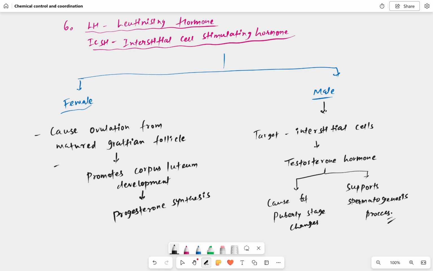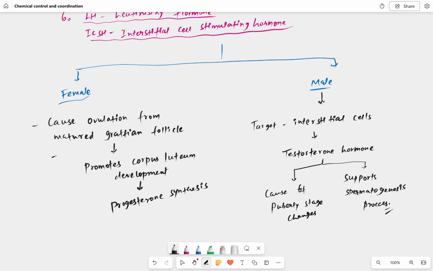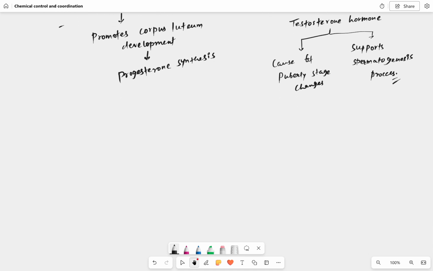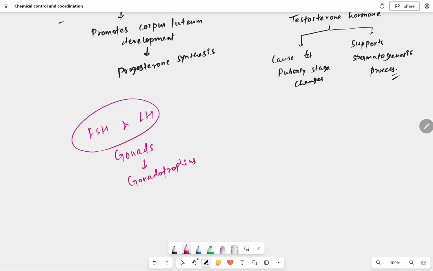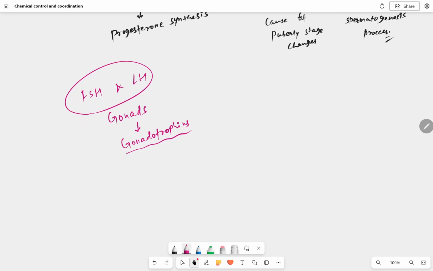Since FSH and LH directly target the gonads, these two hormones are called the gonadotropins.